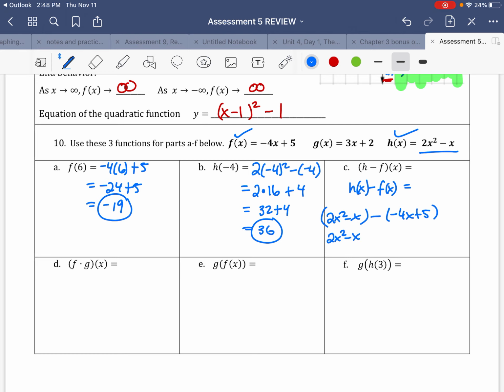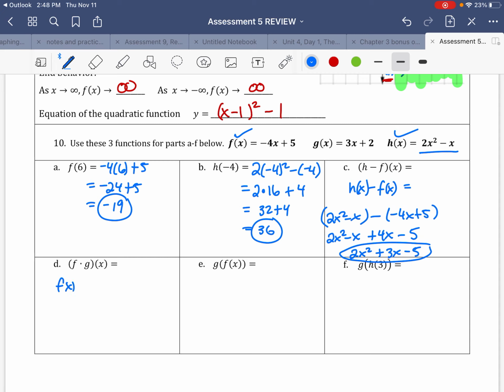Okay, the first parentheses can just drop off. But the second one, it's like I'm giving this negative and I'm giving that negative. So the negative 4x turns into a positive 4x, and minus 5 is just minus 5 there. All right, combine like terms. 2x squared doesn't change. Negative x and 4x in the middle add up to positive 3x, because negative 1 plus 4 is 3, and then negative 5 just stays.